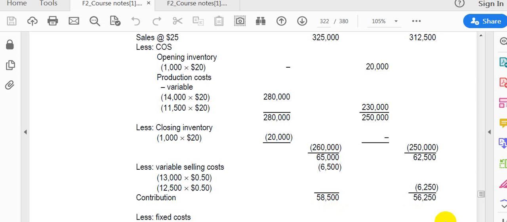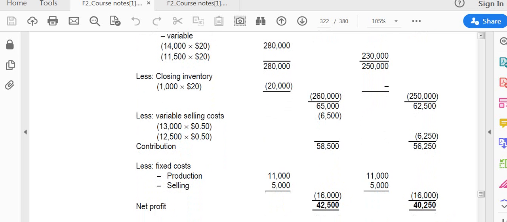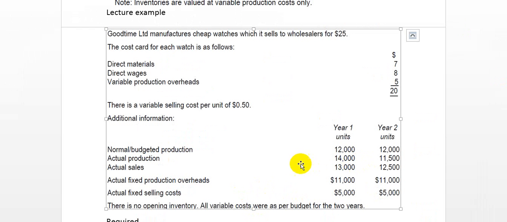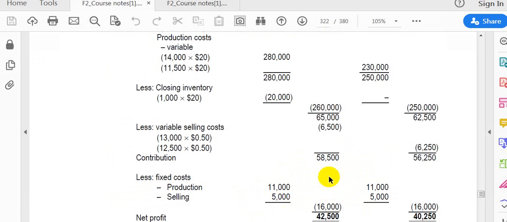After the contribution, that's when you bring in your fixed costs, which are made up of production overheads and fixed selling costs, 11,000 and 5,000 respectively. When you subtract that from your contribution, you get your net profit of 42,500.